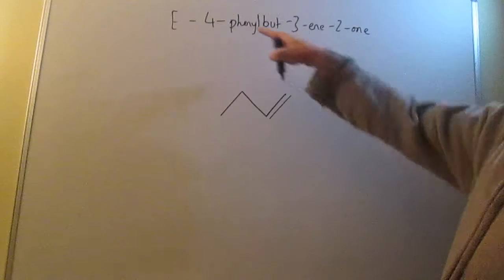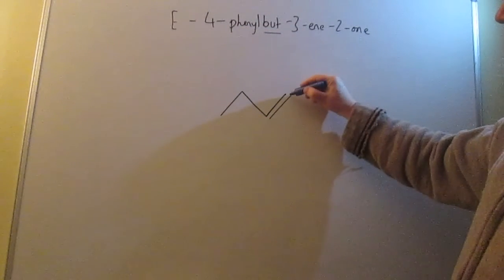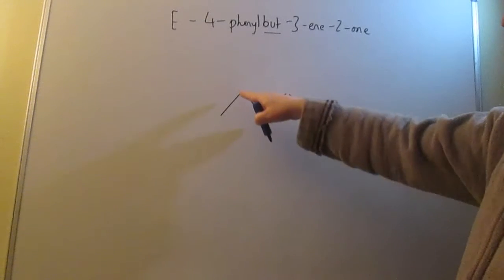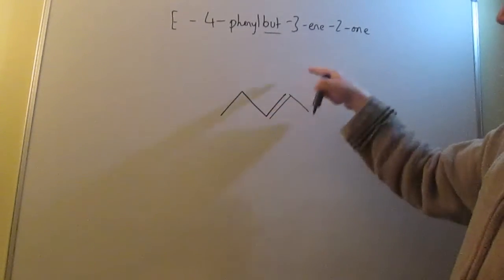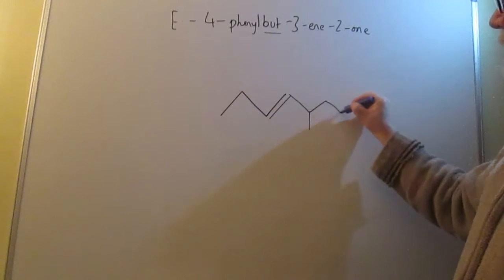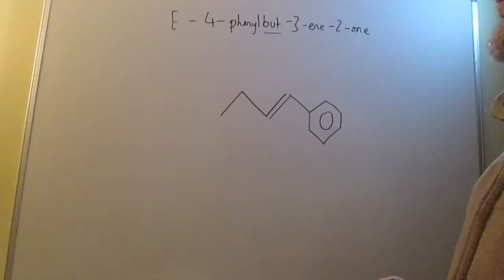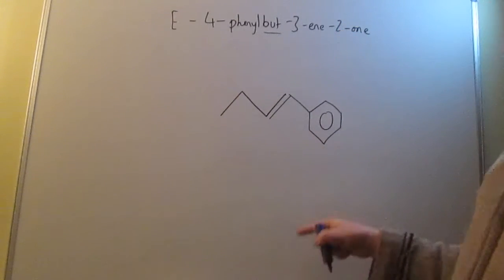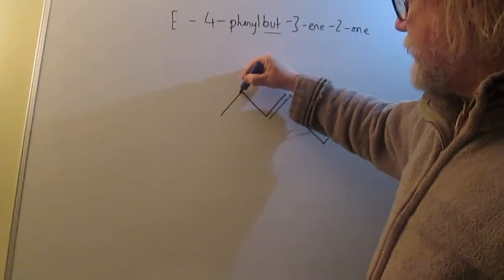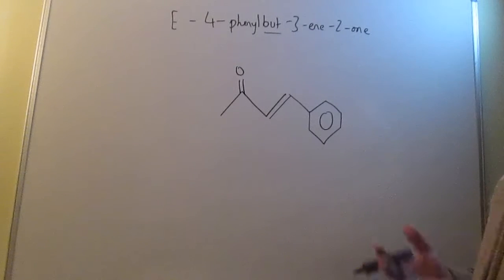And we know that at carbon 4 we have a phenyl group, and because it's the E isomer, it's going to be on the opposite side from that one, because that carbon chain and the phenyl group are going to be the priority ones, so they'll be on opposite sides. So the phenyl group, which is just a benzene ring, will go there. And then we've got 2-one, which means that carbon 2 is a ketone group, and so we have that, and that's then the whole formula of the compound.